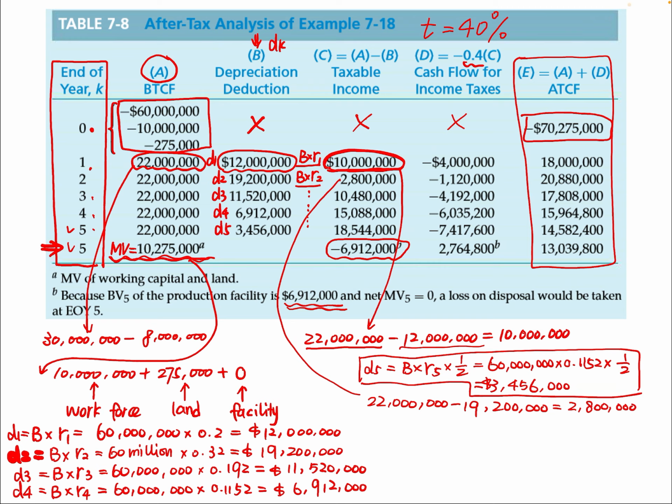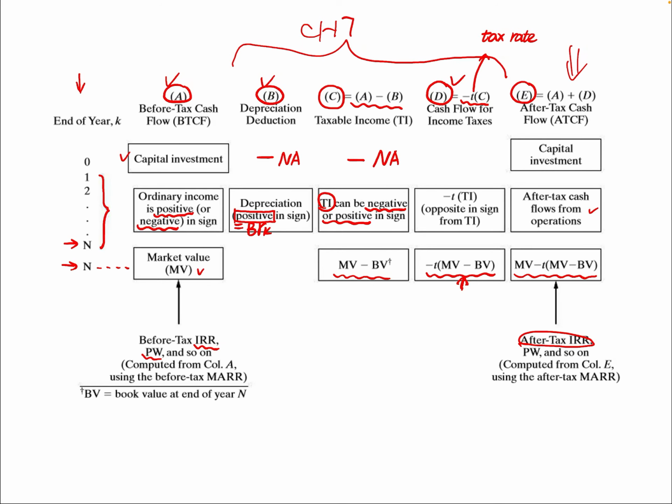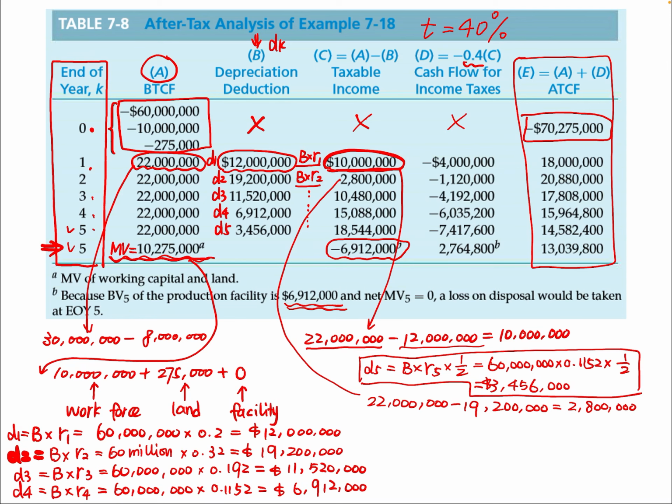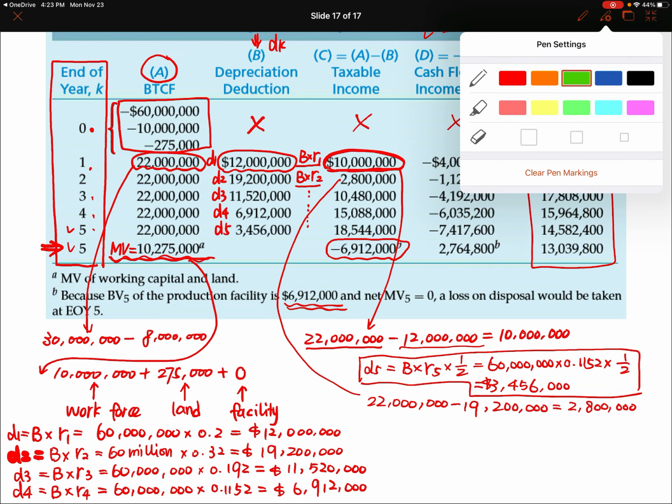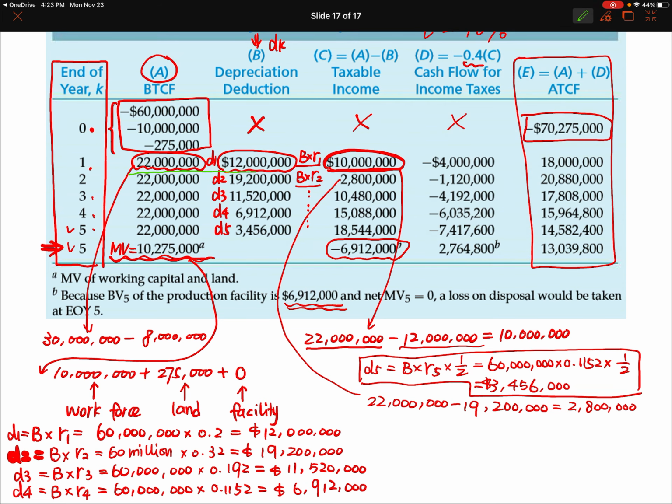So you just use the values in this row to calculate what is the value in the column C.